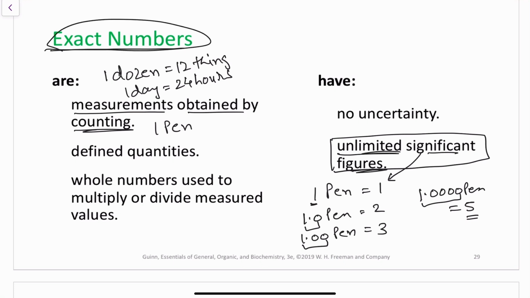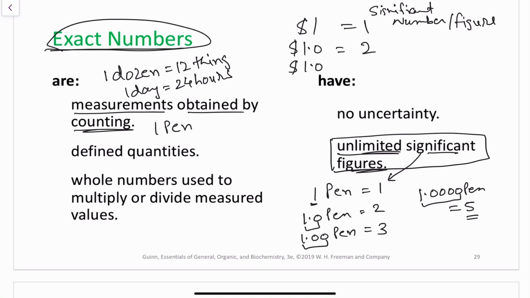Remember this. Similarly, one more example. If you have $1, how many significant figures? 1. If I say I have $1.0, how many significant numbers? 2, but still I have $1.